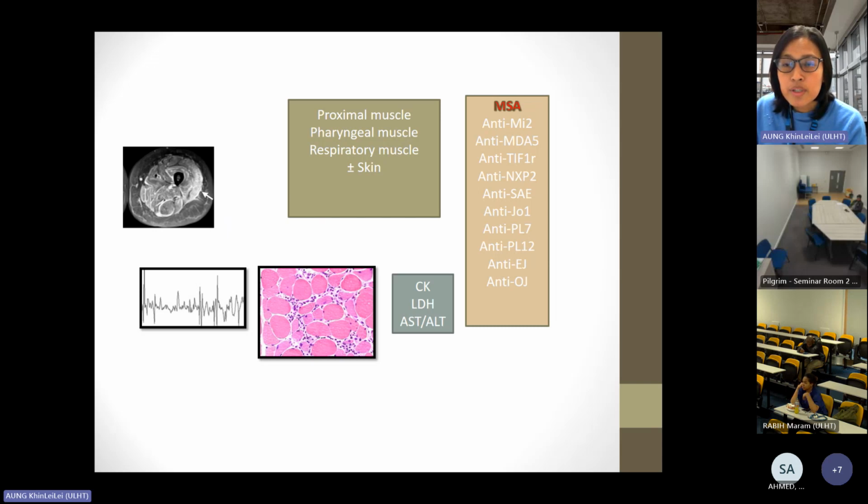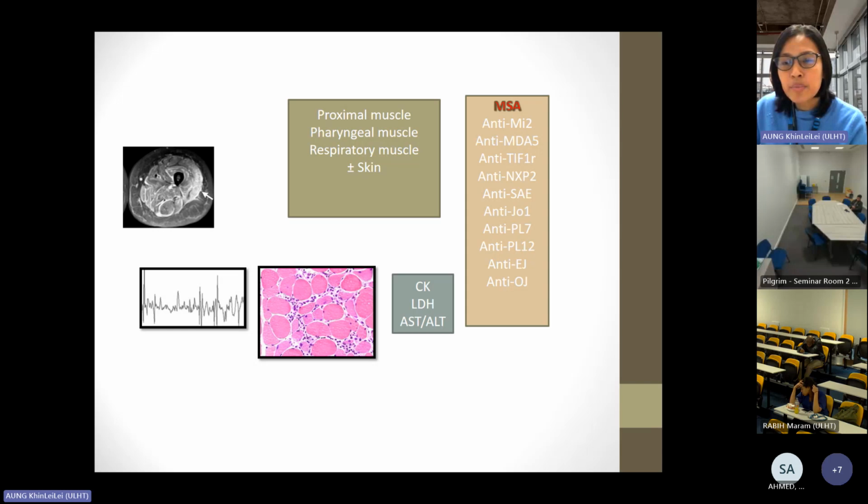I will tell you a little bit about myositis specific antibodies, like anti-MDA5 found in patients with dermatomyositis, with very progressive interstitial lung disease. If the patient is positive for anti-TIF1 gamma, you need to specifically screen for malignancy because it is highly likely that the patient has underlying malignancy.